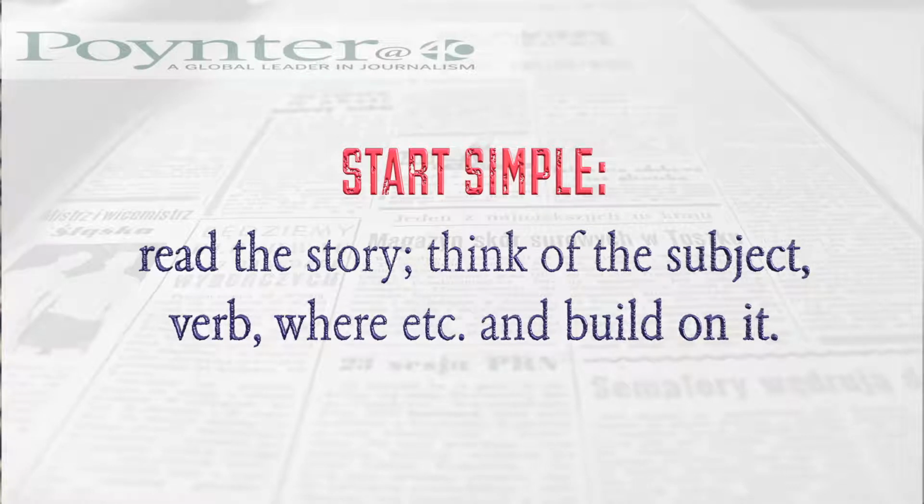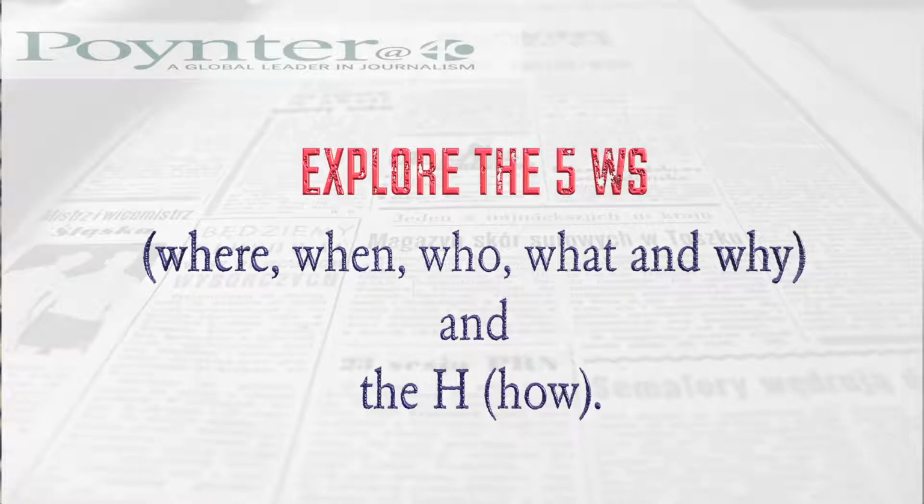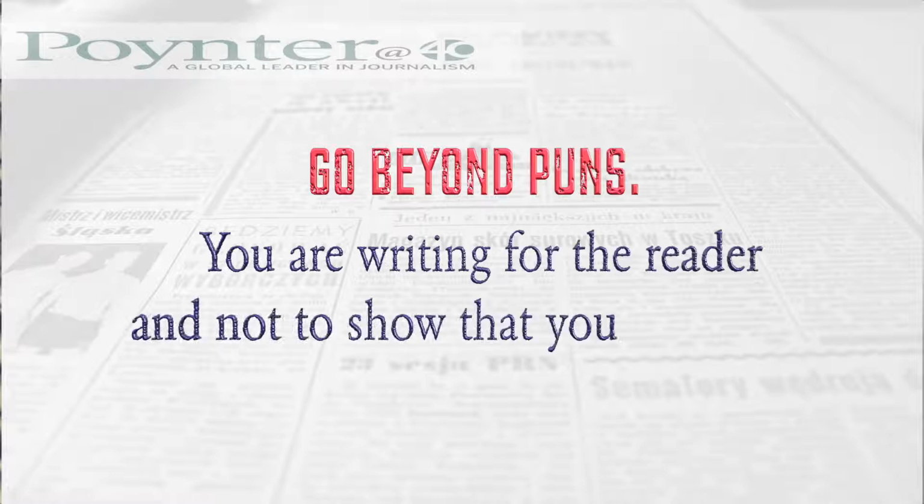Read the story, think of the subject, verb, where, etc. and build on it. 3. Explore the 5 W's, where, when, who, what and why, and the H, how. 4. Go beyond puns. You are writing for the reader and not to show that you are clever.